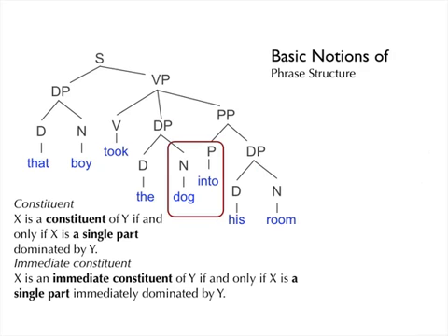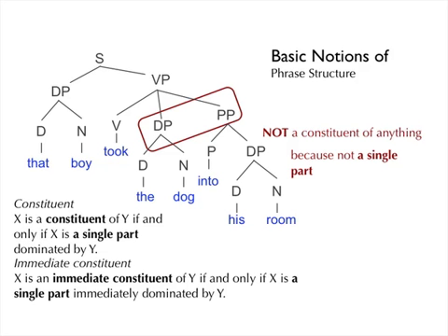This would not be a constituent of anything, right? Because it's just simply not a single part. It is two pieces that are adjacent to each other, two parts, but they themselves don't define a single part by themselves. And this is also not a constituent of anything because it's not a single part.